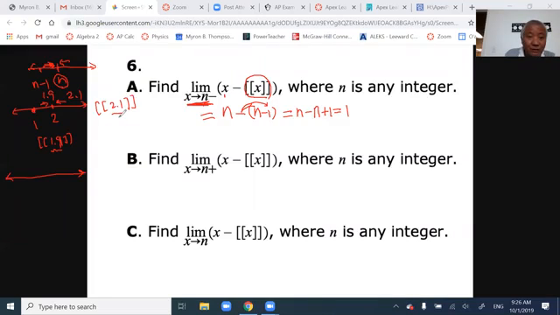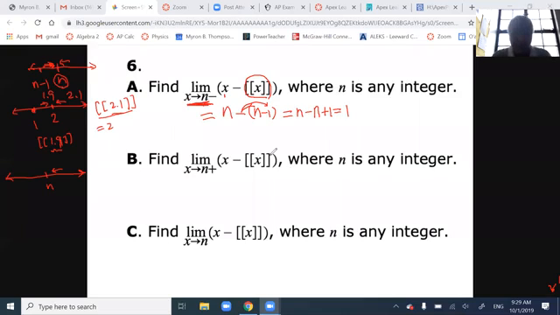It cannot be equal to 2.1. That will be 2, the number itself. So if you approach n from the right side, that means n.